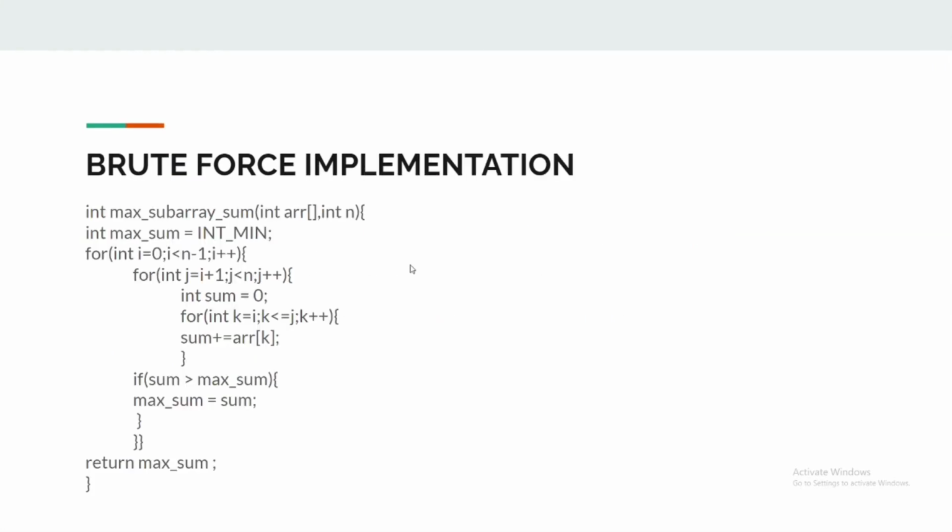The code says we start the first loop i from 0 till n minus 1, then we start j from i plus 1 till n. So these i and j refer to the starting and ending point of each subarray, right? Inside this we declare a variable sum, initialized with the value 0. This will hold the subarray sum that we are forming using our i and j variables. Then we start a variable k that goes from i till j, and inside it just calculates the sum.